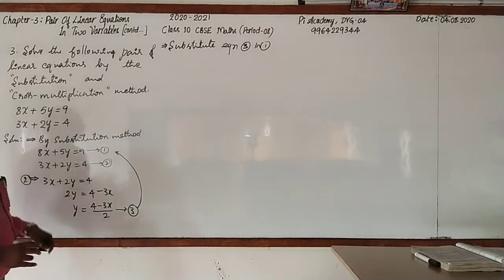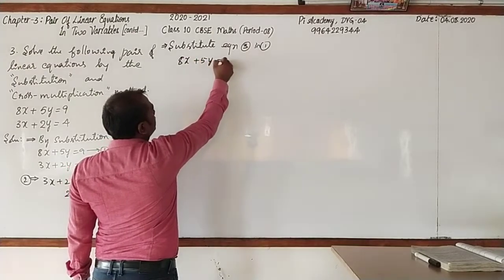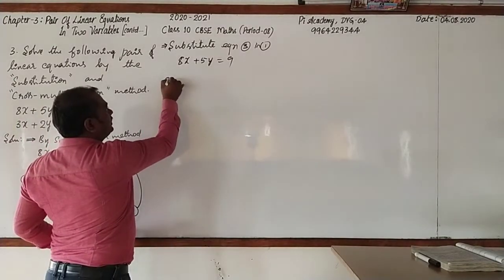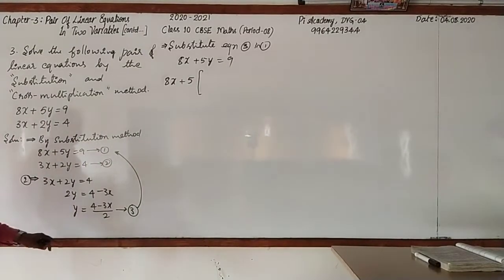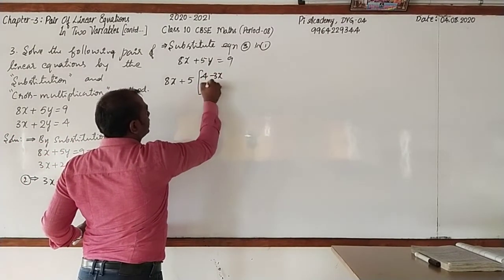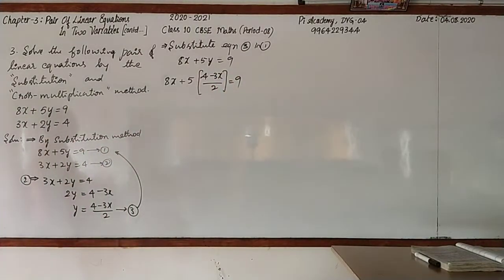It is 8x plus 5y equal to 9. What is y? 4 minus 3x by 2. Let us write 8x as it is, then plus 5 into y, where y is 4 minus 3x by 2, which is equal to 9.